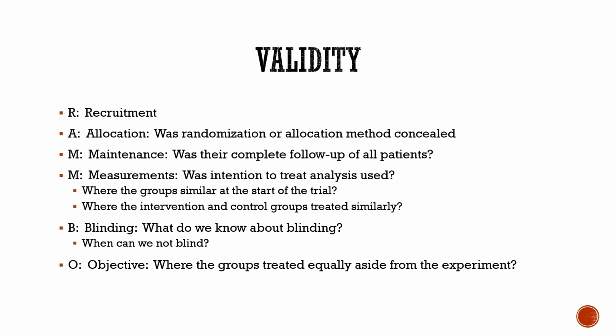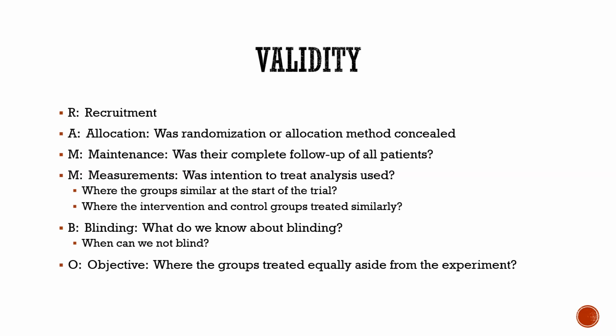Sometimes in the past, they used something like brown envelopes, and you put who got what treatment in an envelope, and then they gave it, but you'd be surprised at how many times the secretary will switch something, or something happens, and the randomization is flawed. So we need to see how the authors consider randomization and how it's done.